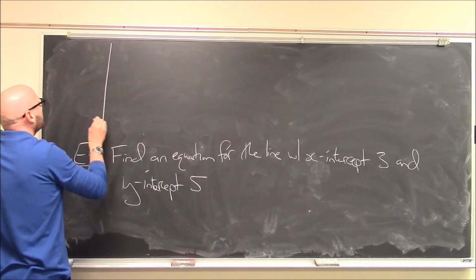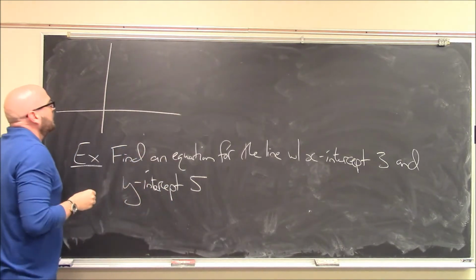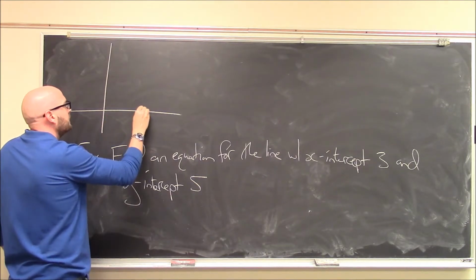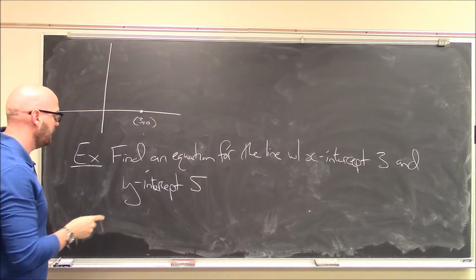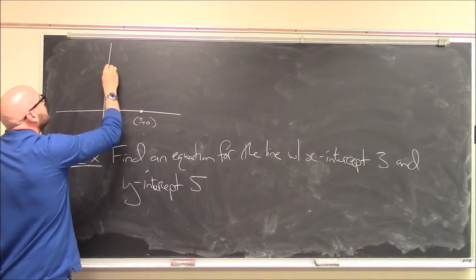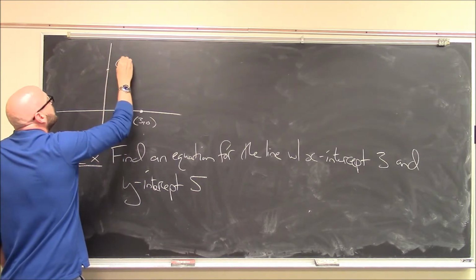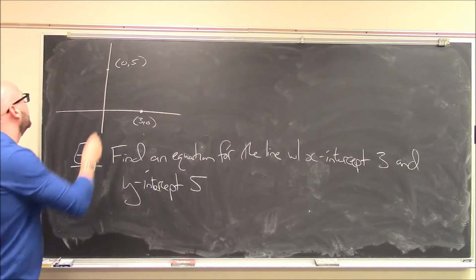How about we draw this? Let's draw what's going on. So the x-intercept is 3. So right here at, say, the point 3, 0, I know it cuts through the x-axis. And it's got a y-intercept 5, so I know up here 5 units above the x-axis, right here at the point 0, 5, it cuts through the y-axis.